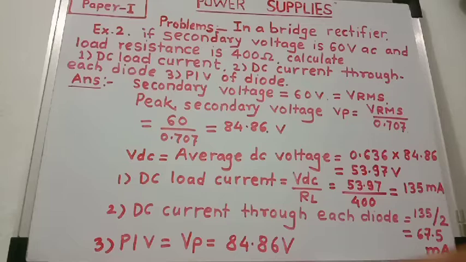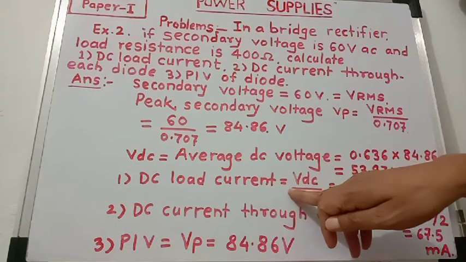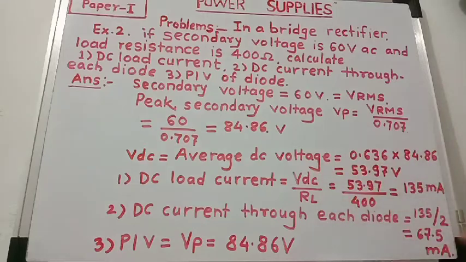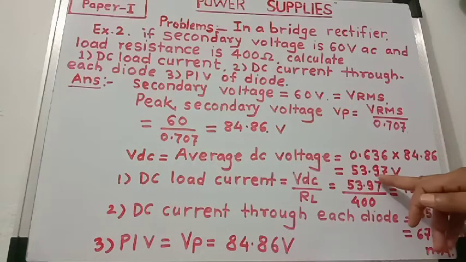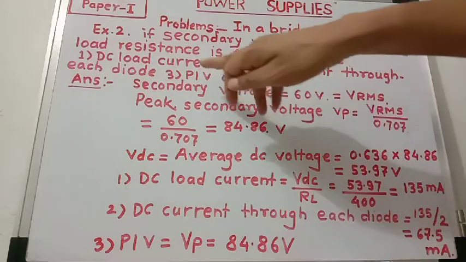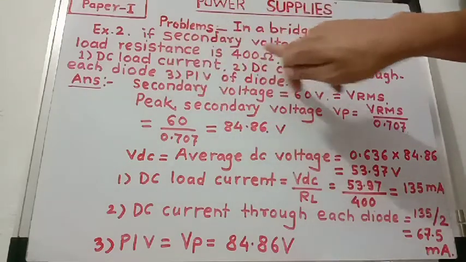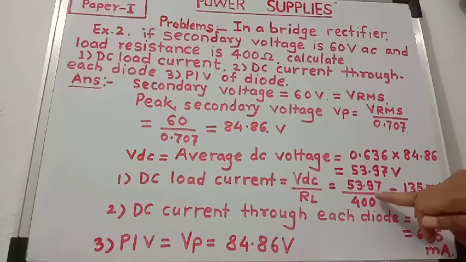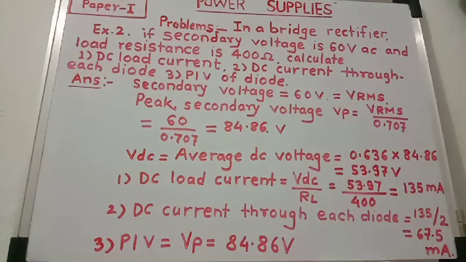Therefore, DC load current is equal to DC output voltage VDC divided by RL. I is equal to V upon R. So VDC is 53.97 divided by RL, and the load resistance is 400 ohm. So 53.97 divided by 400.